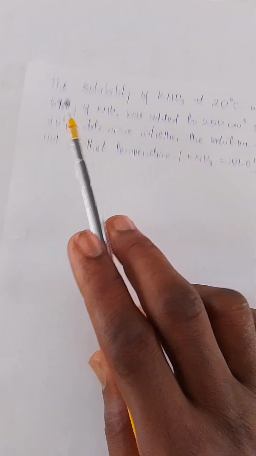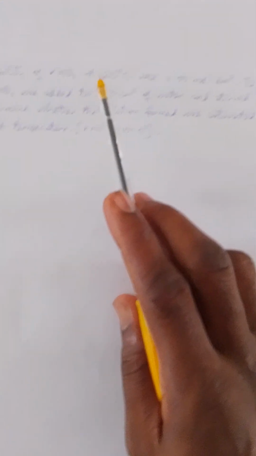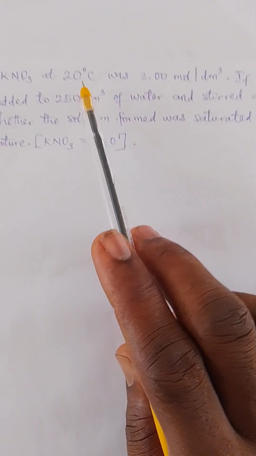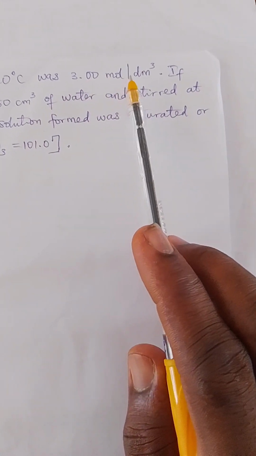The question says, the solubility of potassium nitrate, KNO3, at 20 degrees Celsius was 3.0 mole per dm cube.